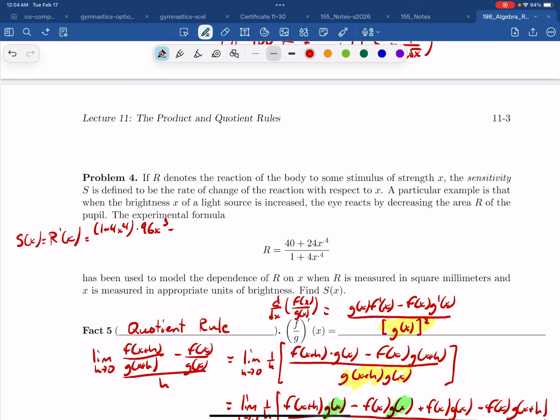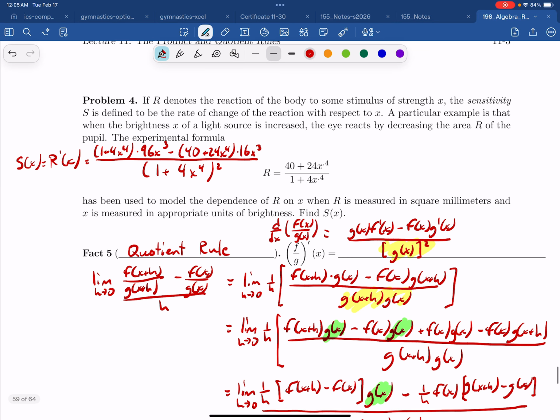Minus high d low all over low squared. Okay? So that's what we get. And of course, you could simplify this if you like. I will not do that in this case.